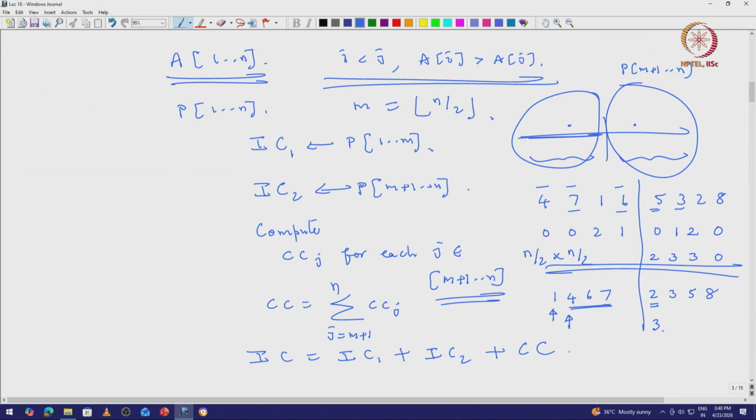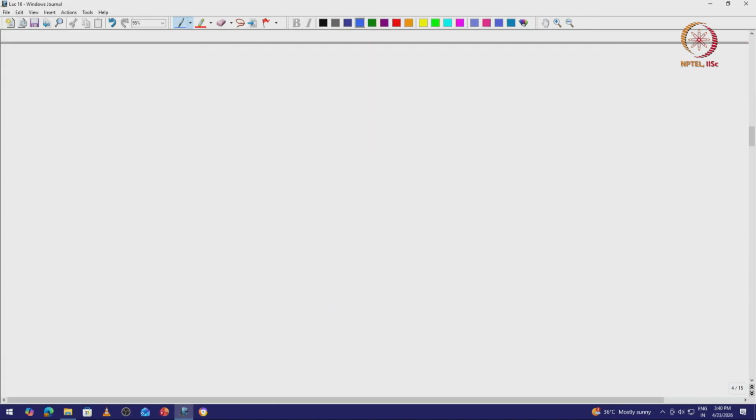Okay? You can see the similarity of the way in which I am working and the merging routine. If I want to merge two sorted sequences, I will compare the elements from one sequence with the other sequence. Let us say I have two sorted sequences, A 1 dot dot n, B 1 dot dot n.